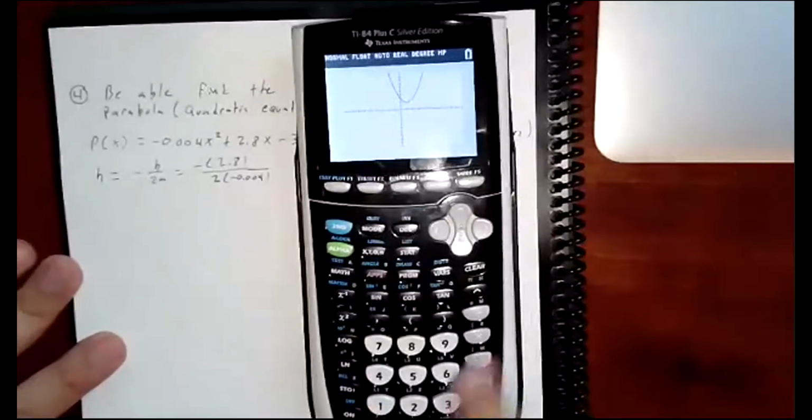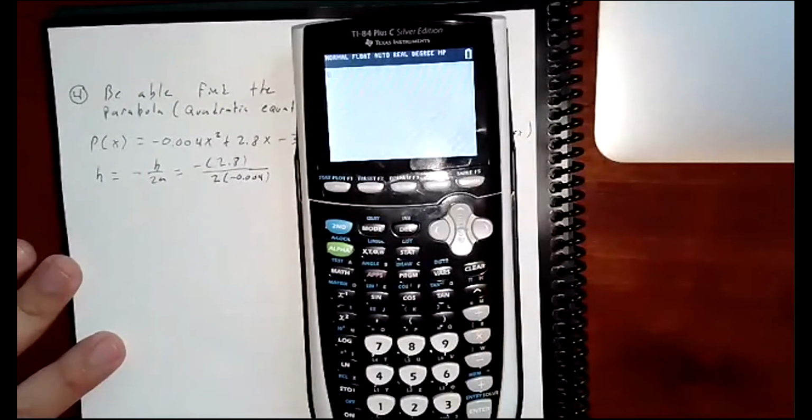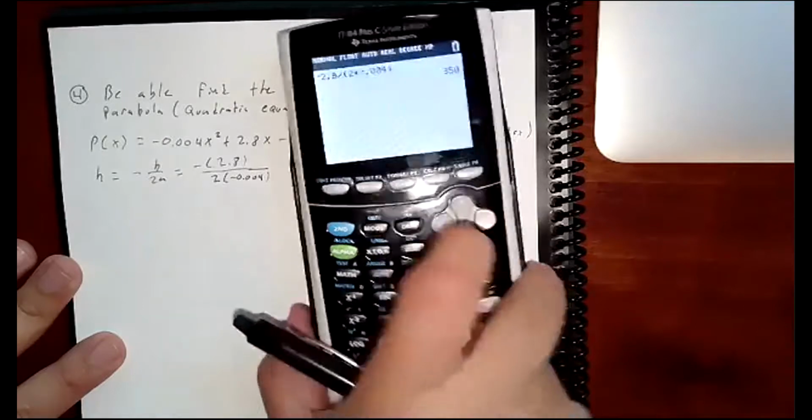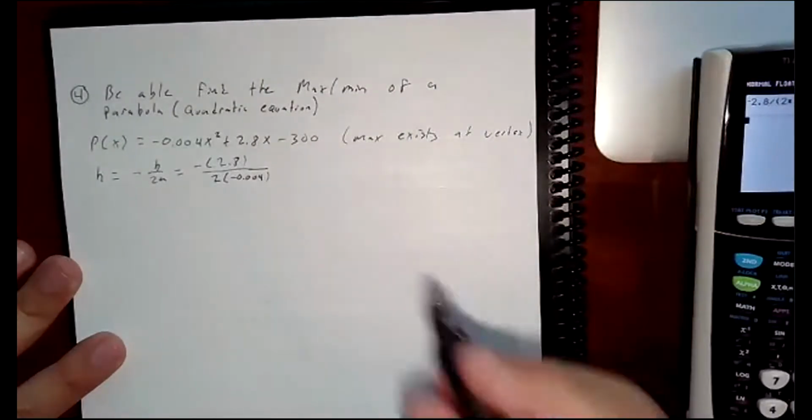So this is a calculator question. See what that is: negative 2.8 divided by 2 times negative 0.004. It'd be about 350.